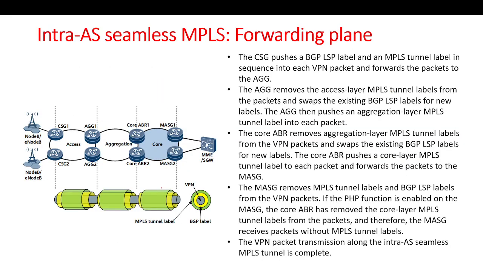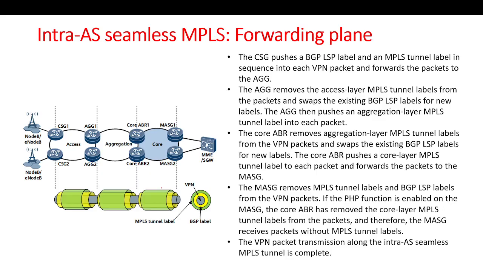For the forwarding, under the intra-AS seamless MPLS forwarding plane, remember you have an LSP that is established from the CSG to the RSG. That is the LSP that will be used to forward the packets, and the labels will be propagated from there depending on the traffic flow.